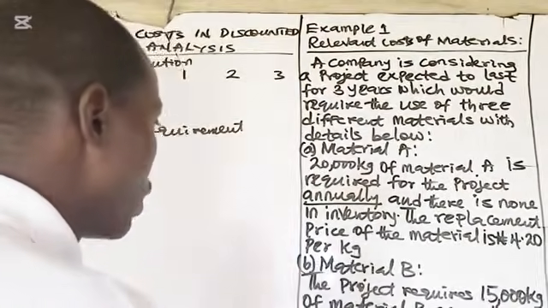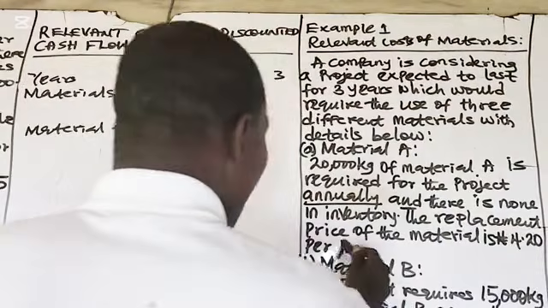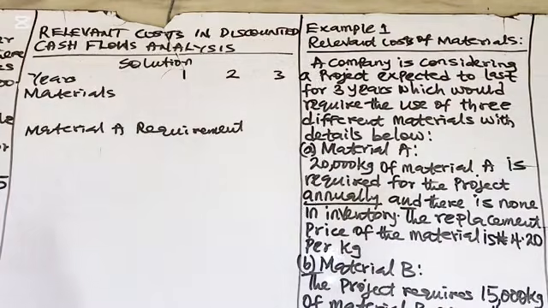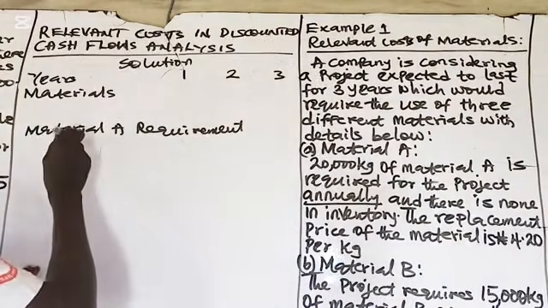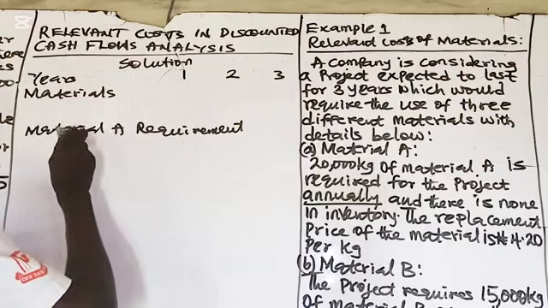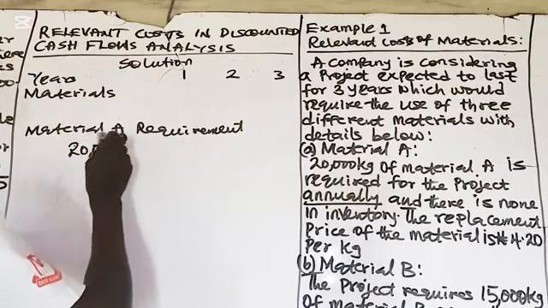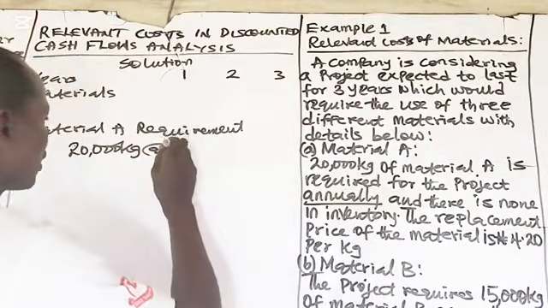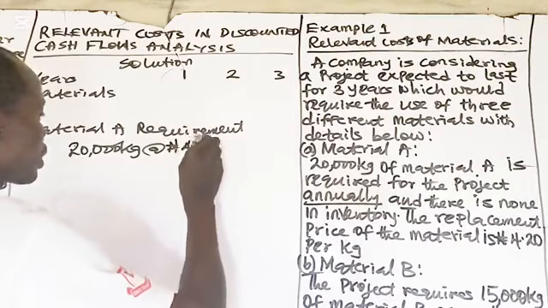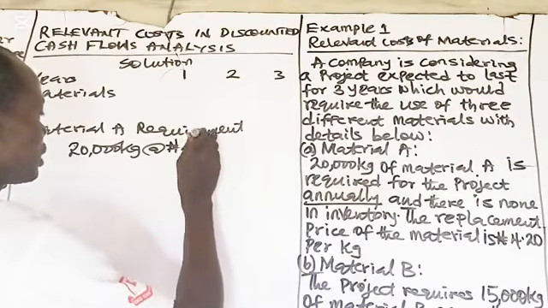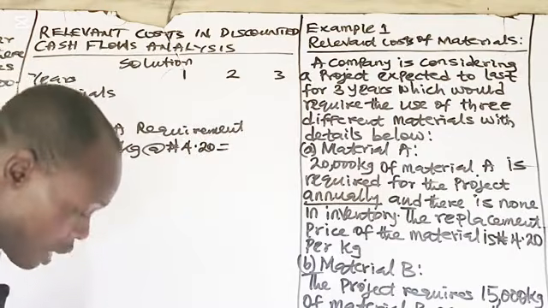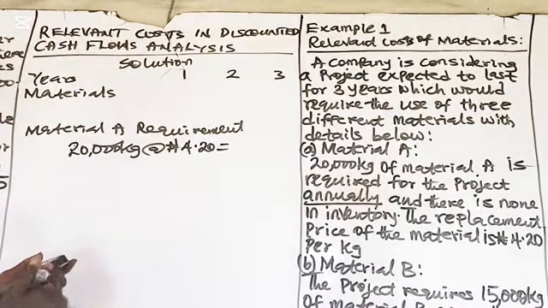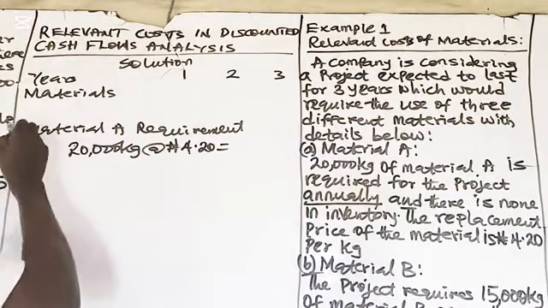So now, how much will it be bought? The replacement price of the material is 420 kobo per kg. So since 20,000 kg is required annually, 20,000 kg is required at the cost of 4 naira 20 kobo. Each year, how much will be the cost of material A? Remember, material A is a bought-in material.